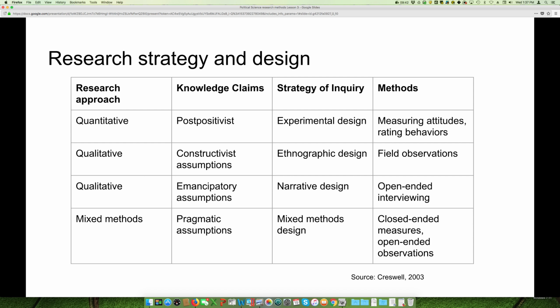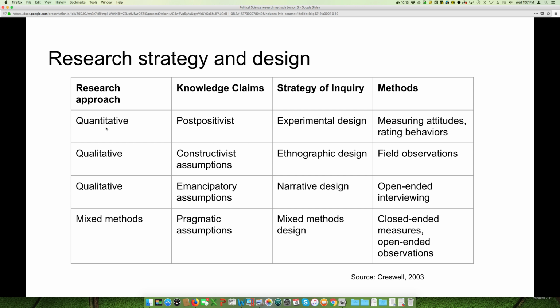This second diagram is from a book about research methodology by Creswell. On the left side you have the research approach, the knowledge claims, the strategy of inquiry, and then the methods. This knowledge claims column is what we've just been talking about, which is basically worldview, or how we know what we know.